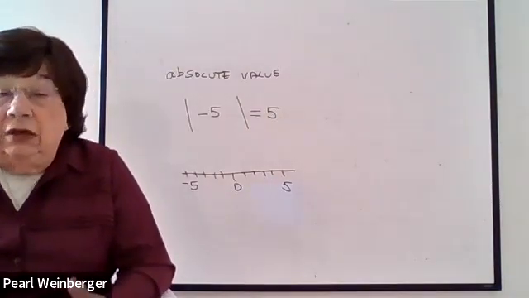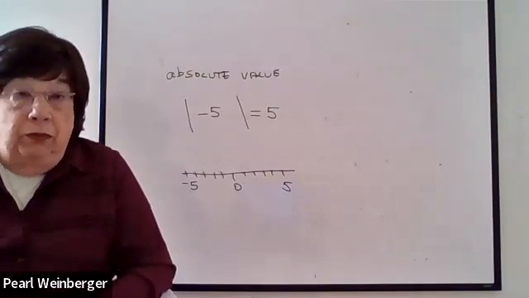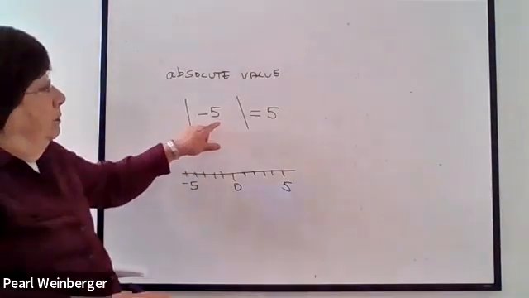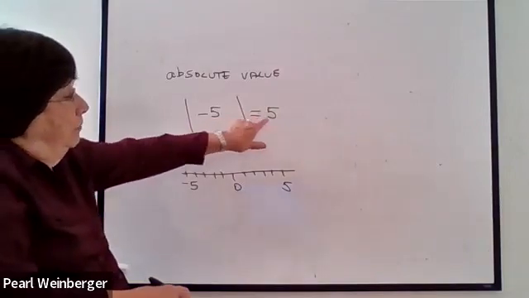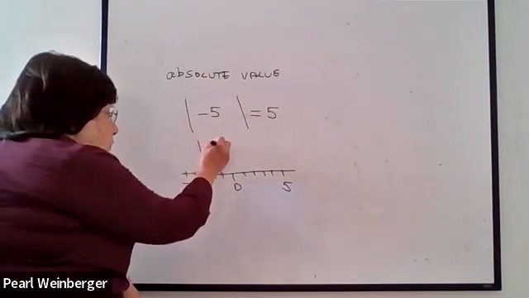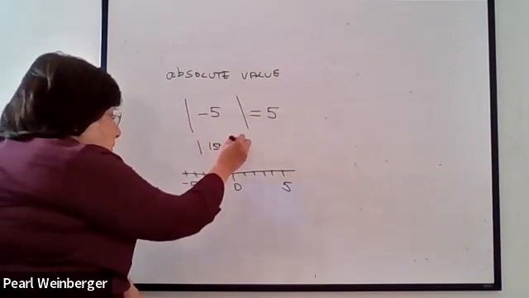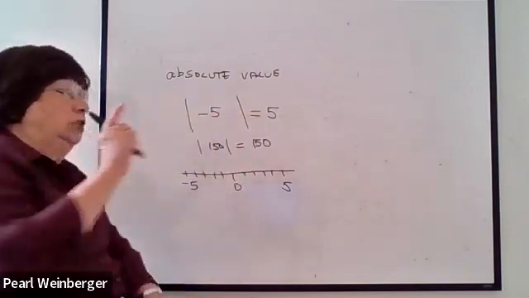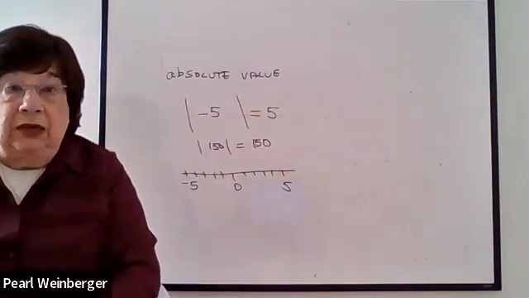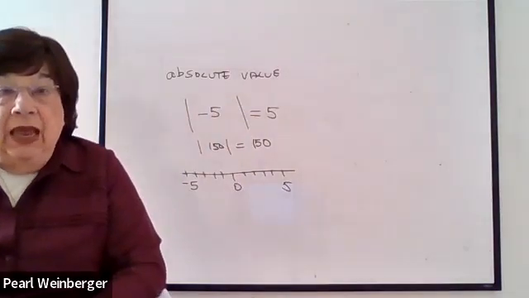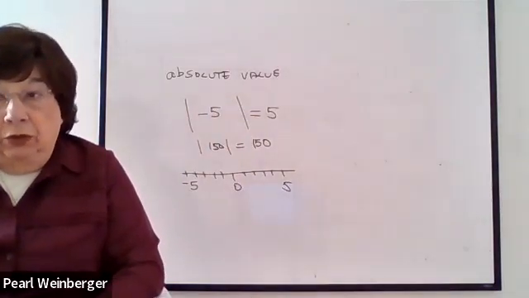It's very easy to find the absolute value of a number because all you have to do is drop its sign. In other words, the absolute value of -5 is 5. The absolute value of 150 is 150. Remember, you're not changing the sign, you're dropping the sign. So your absolute value is always going to be a positive number.